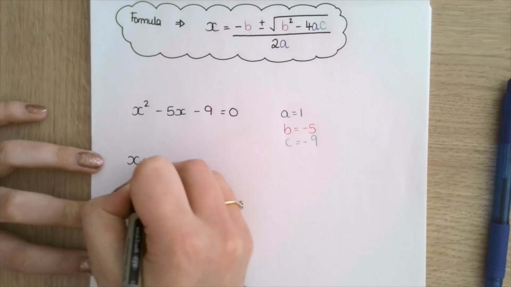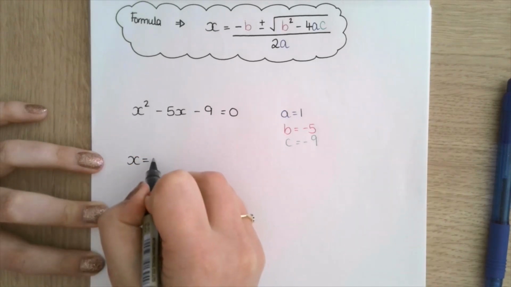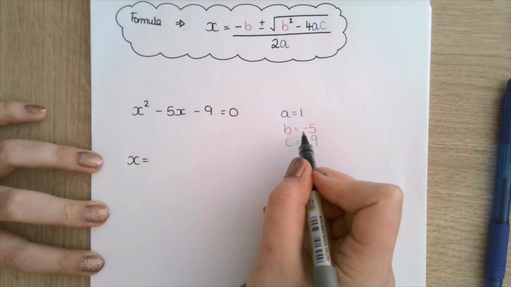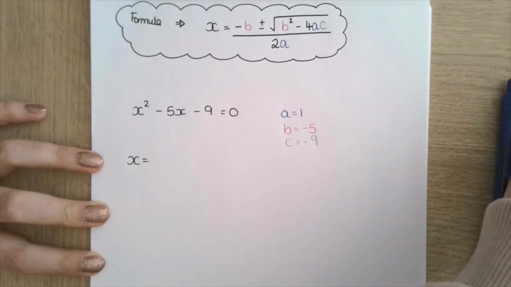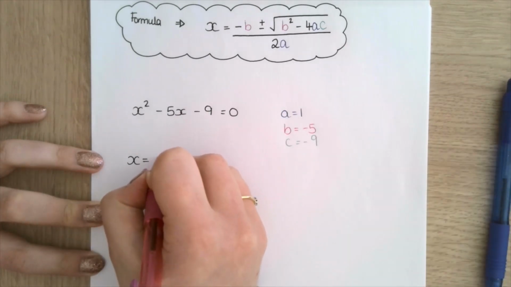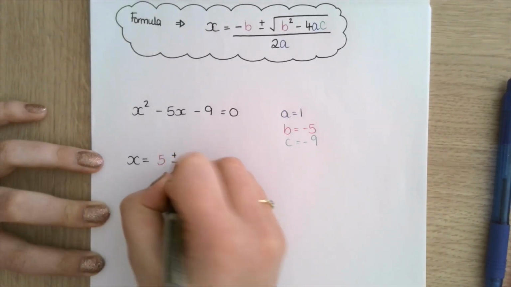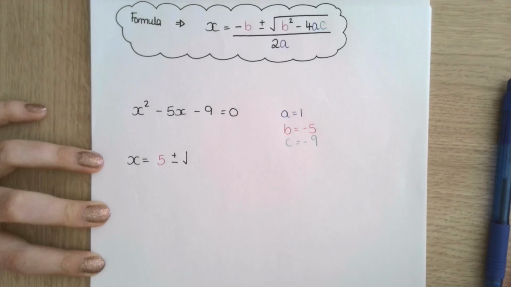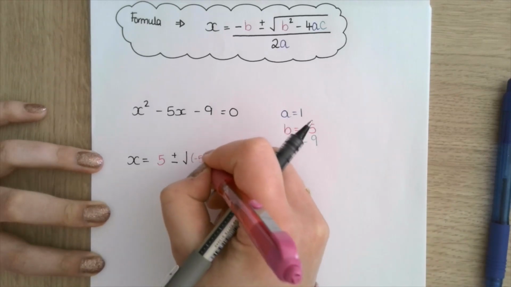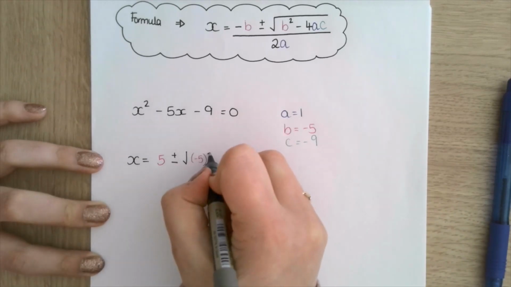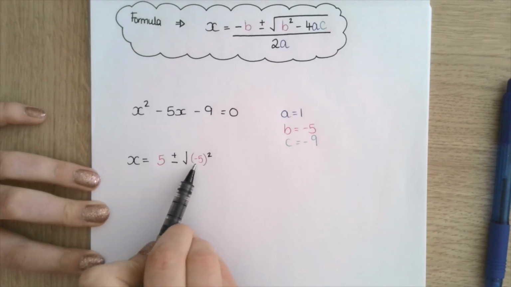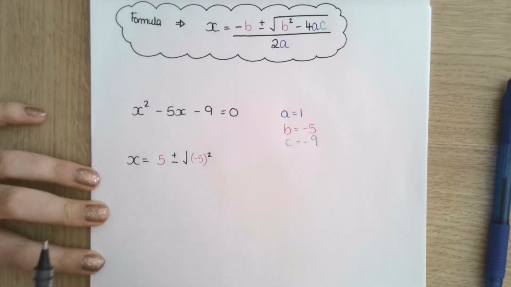So I know x is equal to negative b, so negative of negative 5 is actually going to be positive 5, plus or minus the square root of negative 5 squared. And please, when you have a negative that you square, please make sure you do put it in brackets.